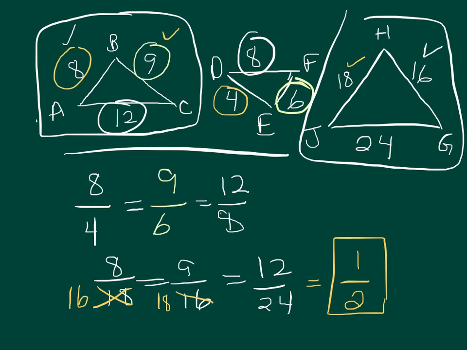Well, if I needed to prove like angle H equals angle B, I could do that now because corresponding angles of similar triangles are congruent. And a lot of geometry people reduce that to CASTC: corresponding angles of similar triangles are congruent.